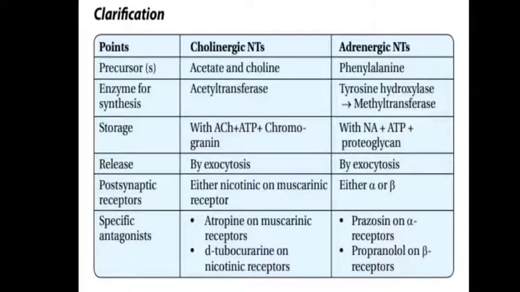So this is a clear-cut difference between the cholinergic neurotransmitter and the adrenergic neurotransmitter. Its precursor is acetate and choline; in the case of the adrenergic, phenylalanine. The enzyme for synthesis is choline acetyltransferase in the cholinergic neurotransmitter, as you can see in the previous slides.